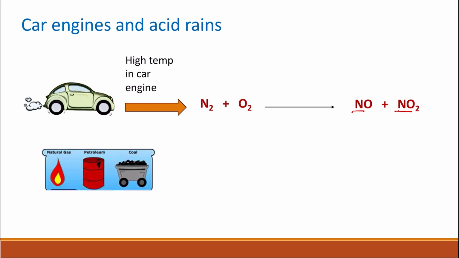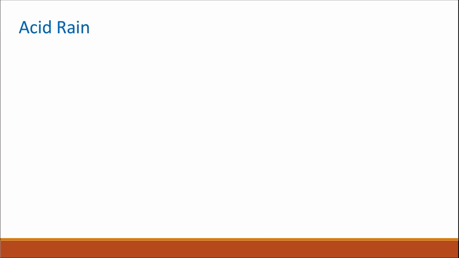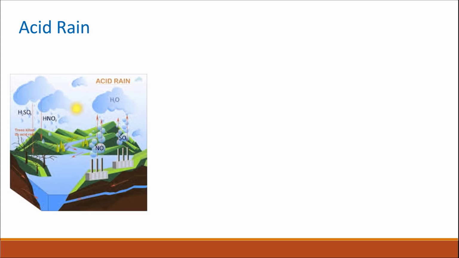Also, the different sources of fuel contain sulfur in addition to the hydrogen and carbon. When they burn, the sulfur can also react with oxygen from air, and that will give you sulfur dioxide. Acid rain is one of the main problems that comes from the use of hydrocarbons as a source of fuel.